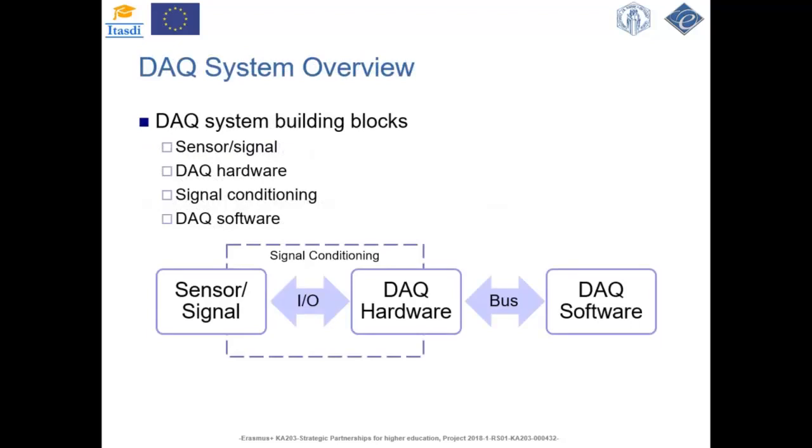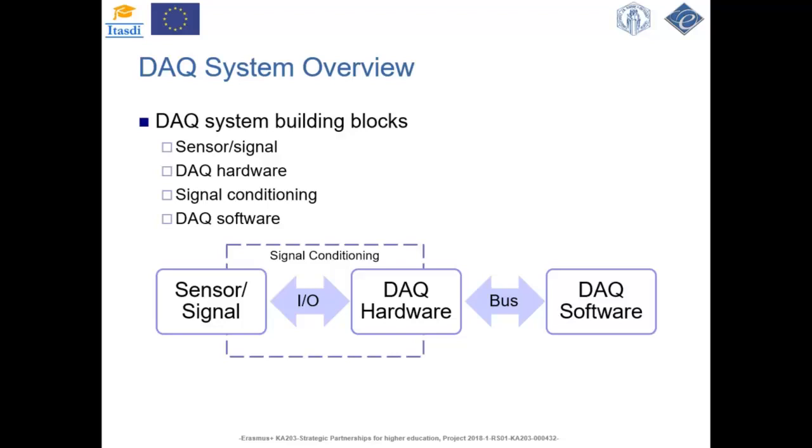And any data acquisition system is made up of or includes the following building blocks. So we have the sensor, which is used to acquire some sort of signal, and then this sensor relays this input information to some sort of data acquisition hardware.